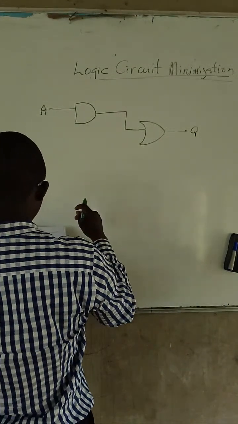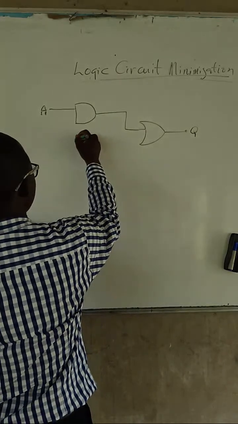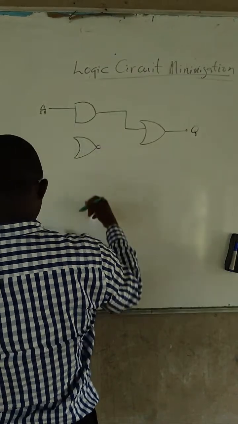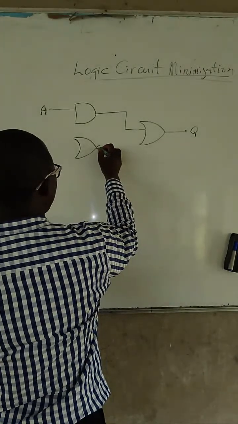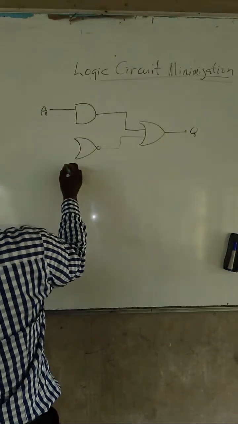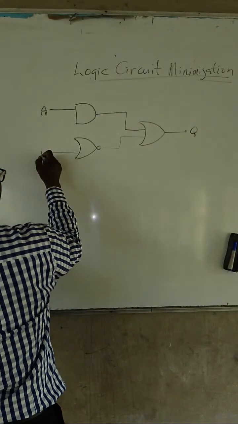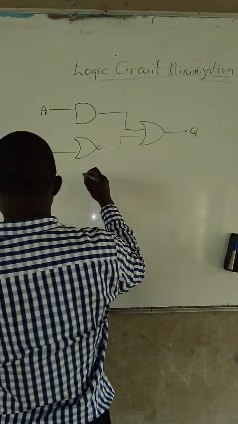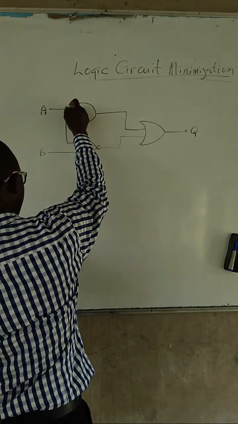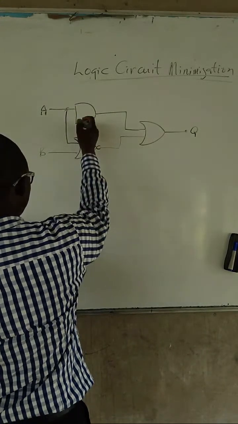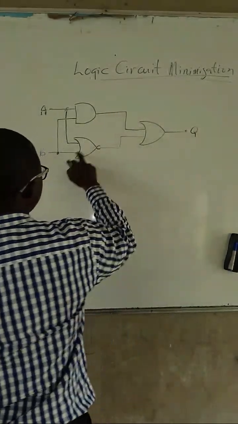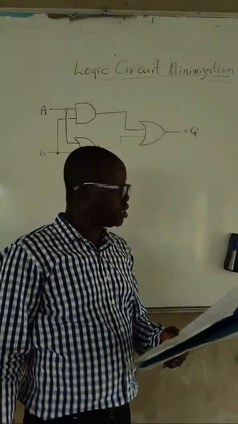Input A and input B are shared between the 2 gates at the start. The second gate is a NOR gate, and the output of the NOR gate also goes out to the final OR gate. So we have input B here, and then input B and A are shared. We have A entering here and B. Then from here also, we have B entering there. So we have AB into this, we have AB into the second one also. Those are the 2 inputs to this.